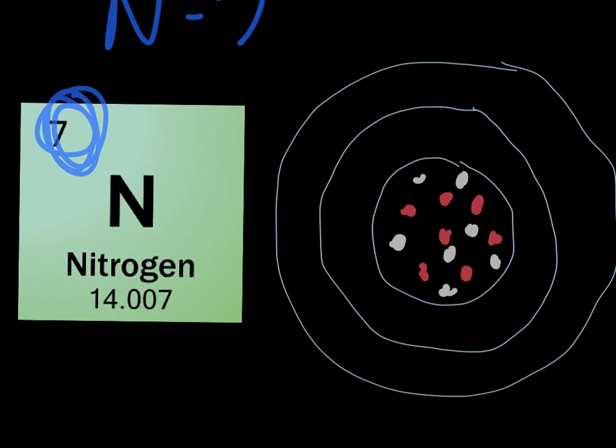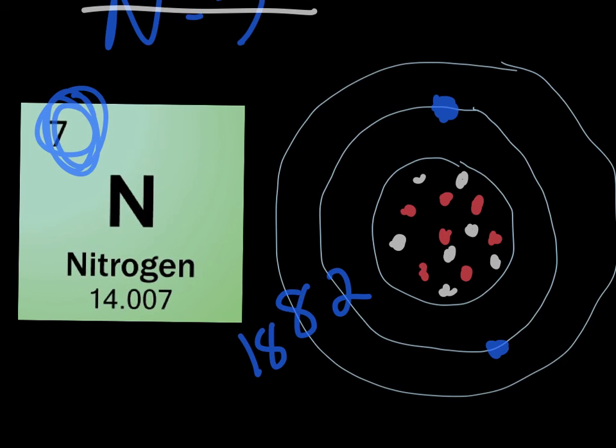So I went ahead and got rid of my protons and my neutrons, and all I have left are my electrons, and I have 7 left. And I remember that in my first electron shell I can only have 2. So I'm going to represent those with blue dots, 1, 2, and I still need 5 more. I remember that my first shell holds 2, while my second shell holds 8.